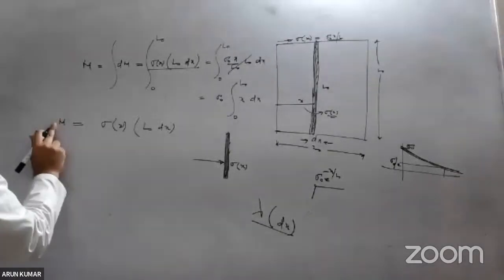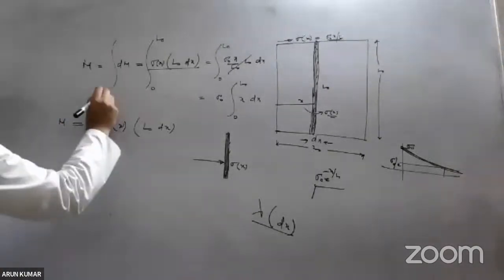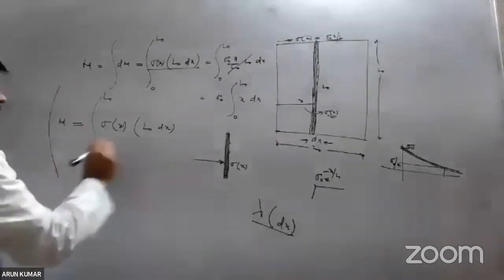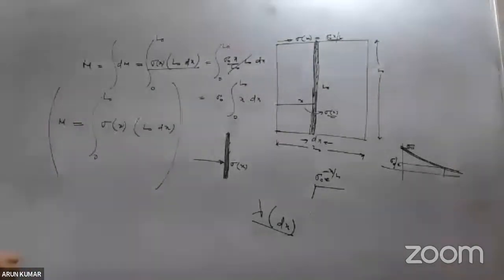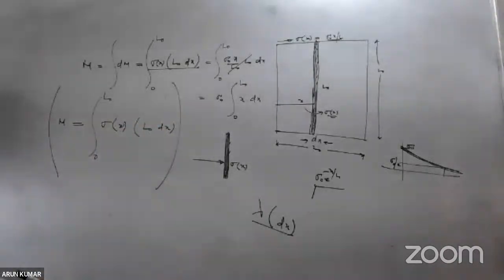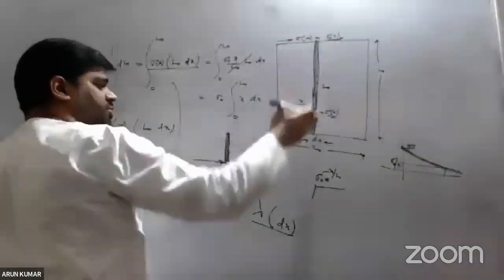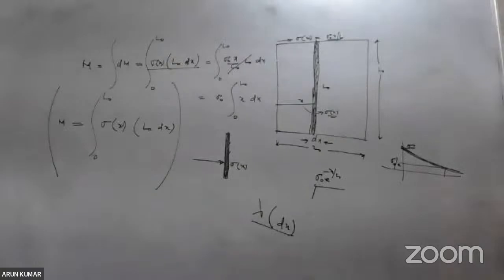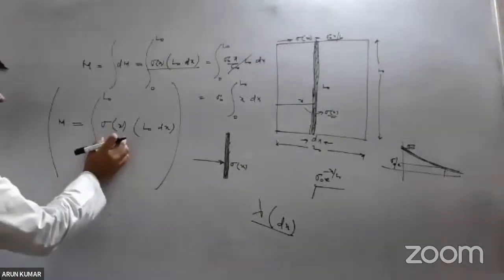But if I want the complete mass, I integrate this from 0 to L. Now this will give me the total mass. That's what I'm doing. Sigma of x could be anything. Sigma can be constant or variable. It could vary linearly with x, exponentially, quadratically, or parabolically, anything. But sigma of x is a general function.